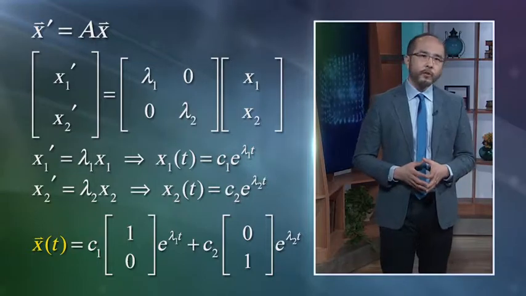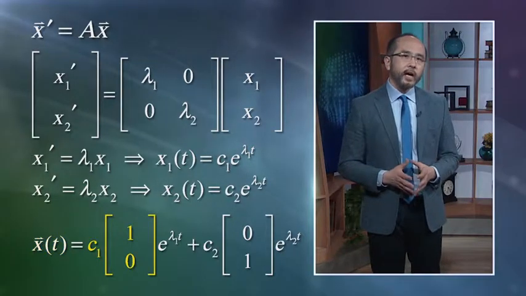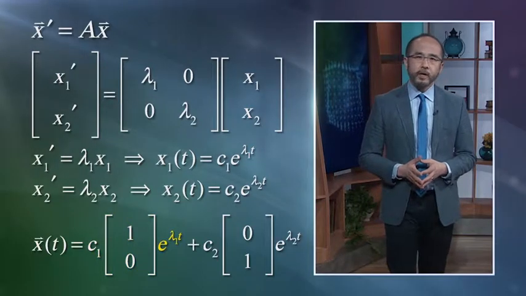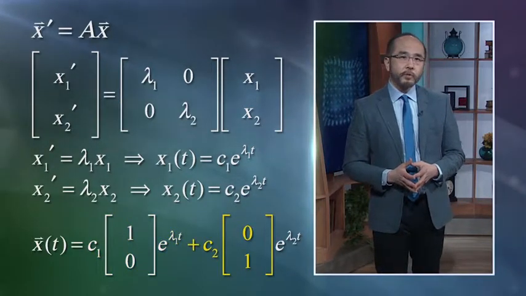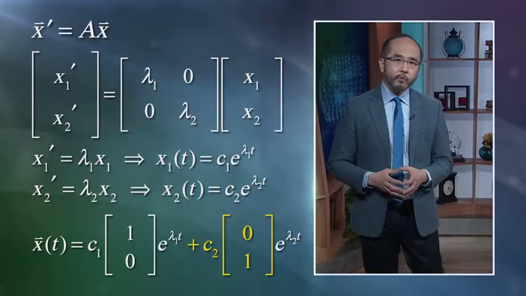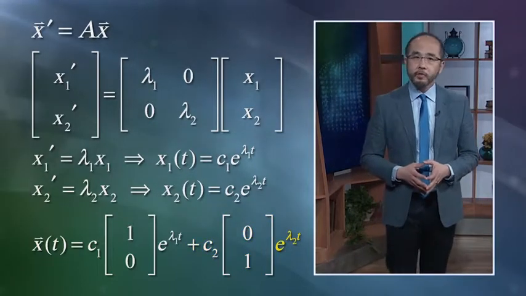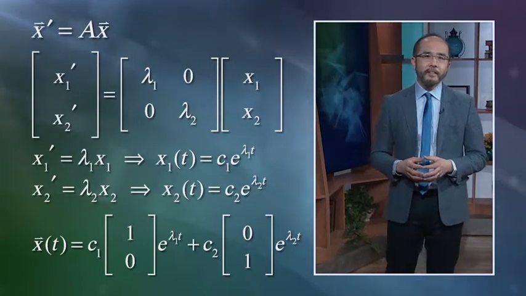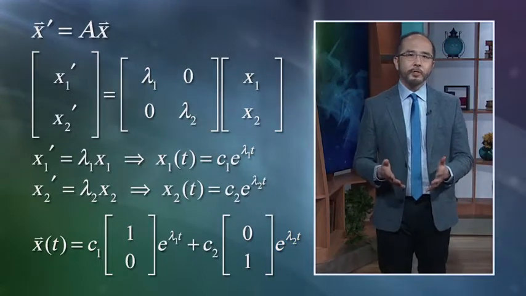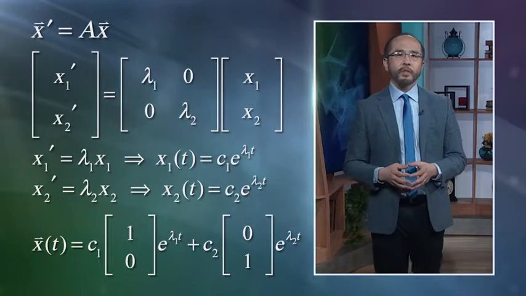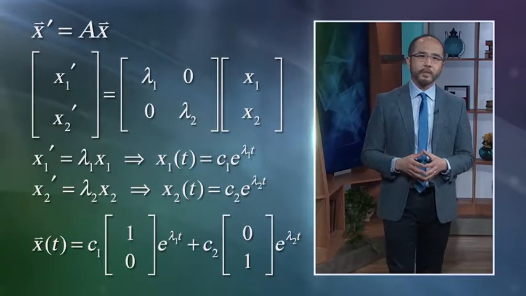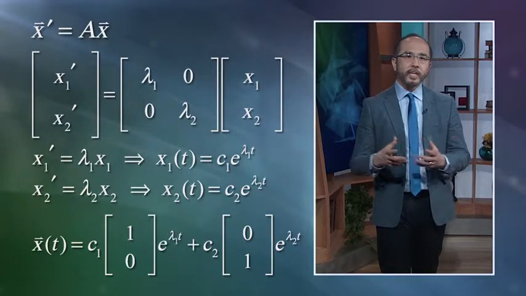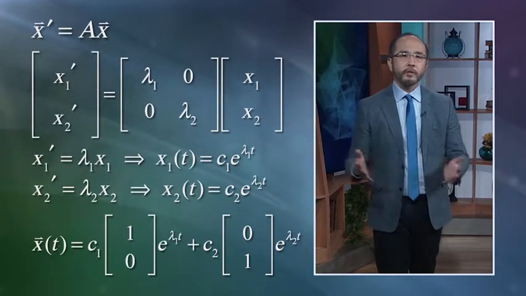X of t equals c1 times the vector 1, 0 times e to the lambda 1 t plus c2 times the vector 0, 1 times e to the lambda 2 t. That's really nice. That's a very general solution to this system of DEs when the matrix is diagonal. You see, diagonalization in this case corresponds to decoupling the equations from each other.